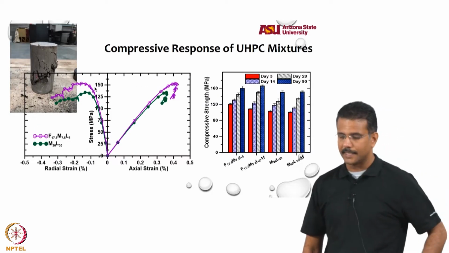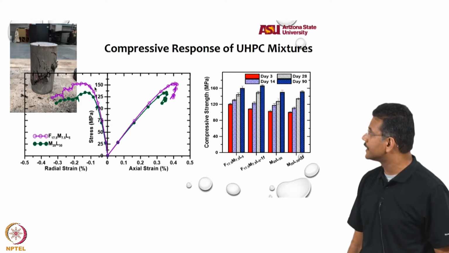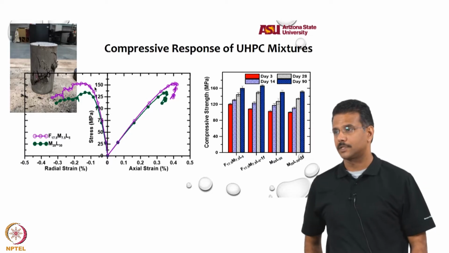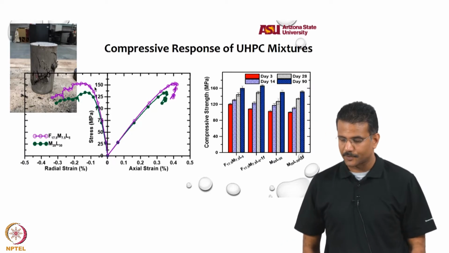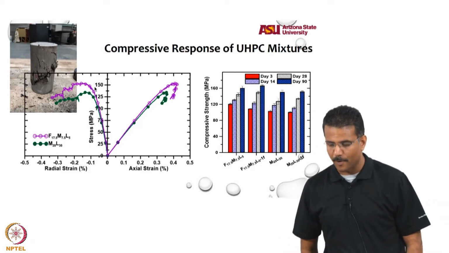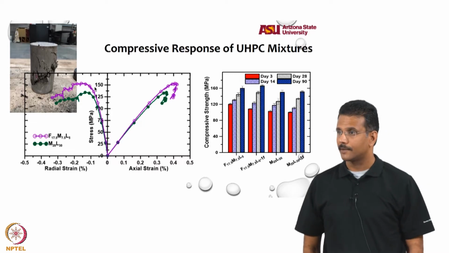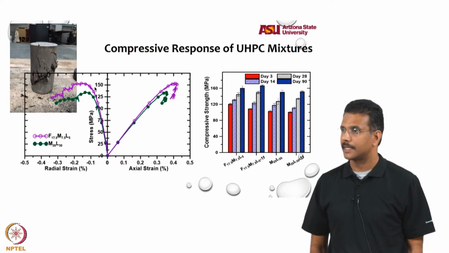Okay. So, here is the complete axial stress, axial strain and axial stress, radial strain curves for unreinforced, non-fiber reinforced UHPCs. You see this maximum strength of 150 megapascal, the maximum axial strain of about 0.3, 0.35%, which is 0.003, right, which is basically what you say is the maximum allowable strain of concrete in design.